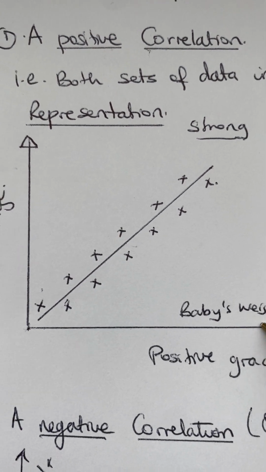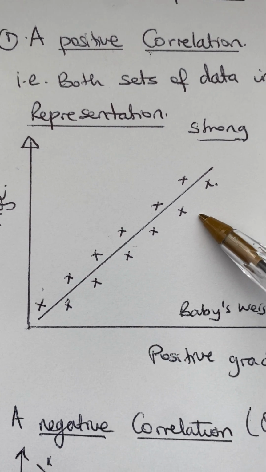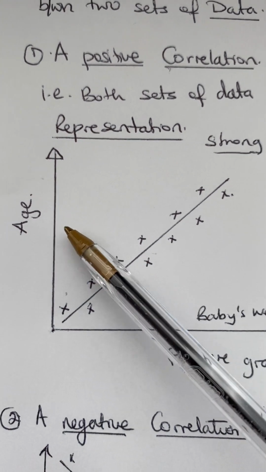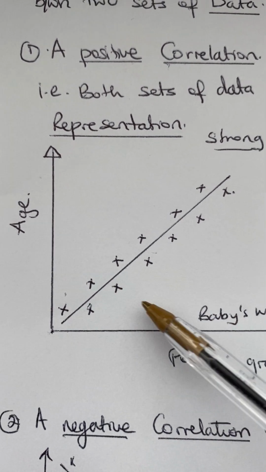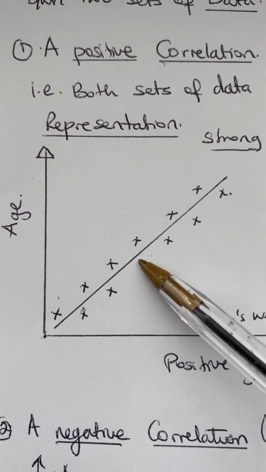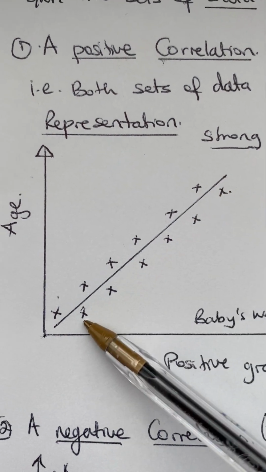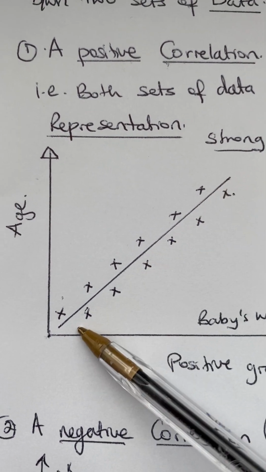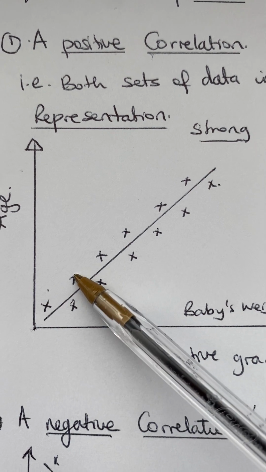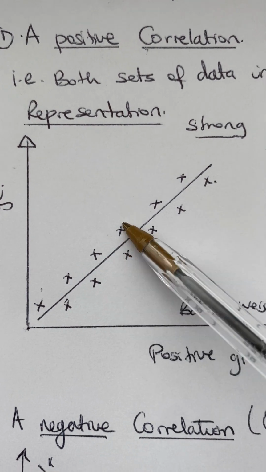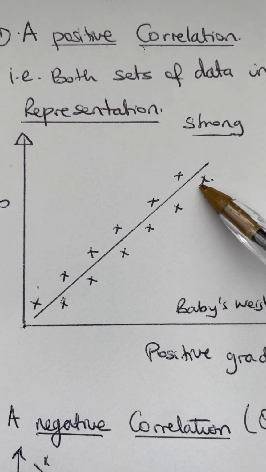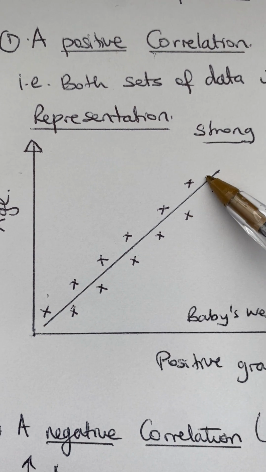This is two sets of data, and the correlation here is positive. It's a strong positive, because when you look at the data plotted, it's close to the line.